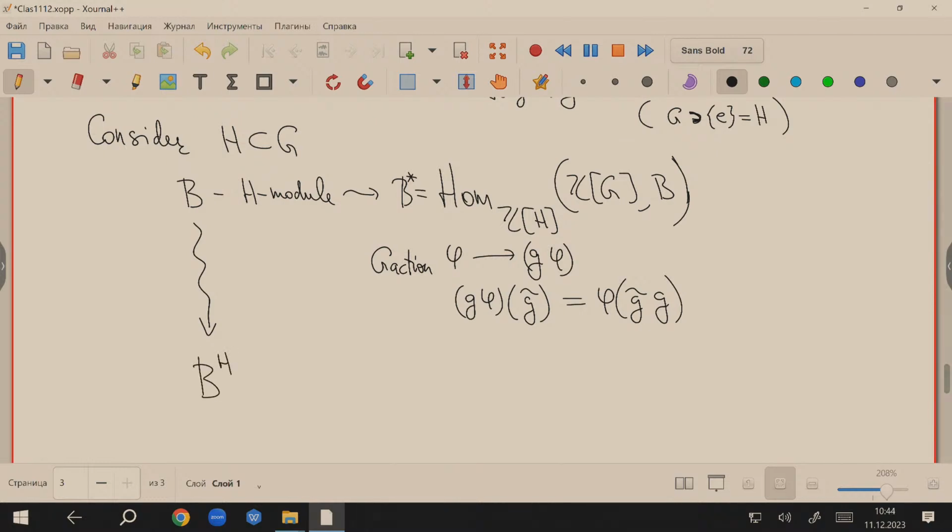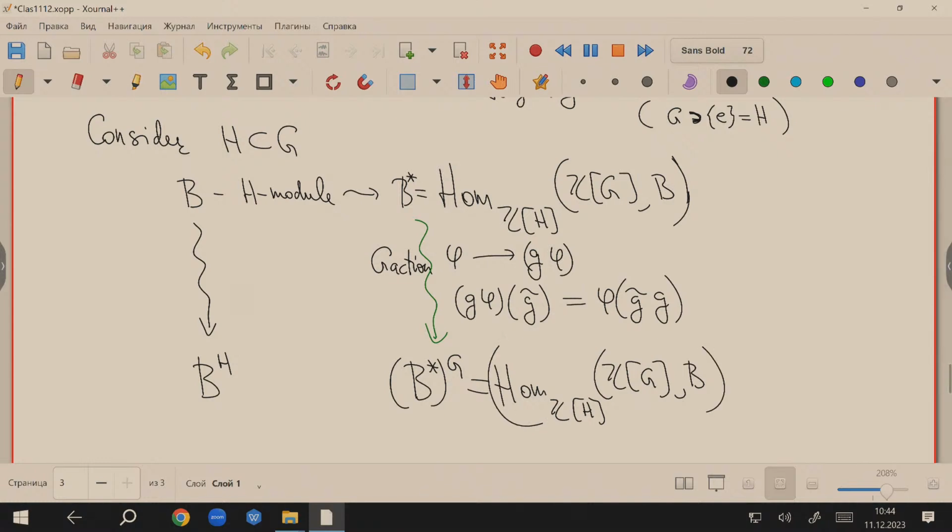And here you have a G-module, so you can take G invariants.